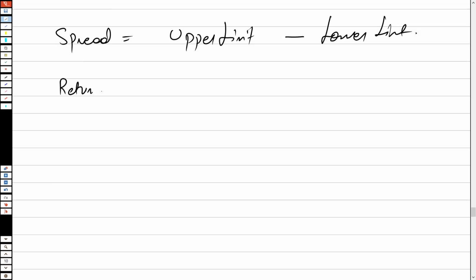The return point is 1/3 multiplied by spread.